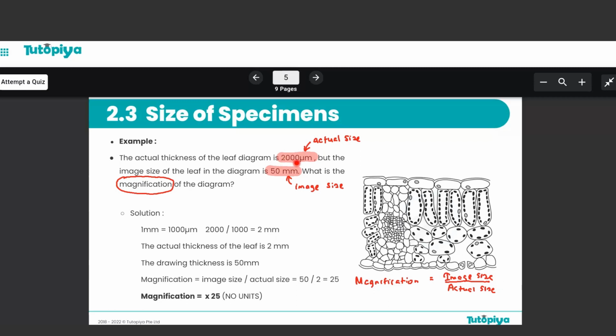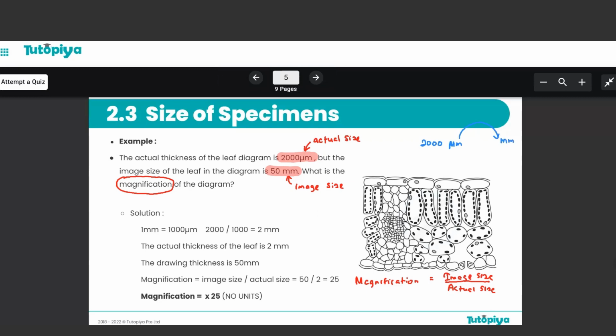Can you see that the actual size is given in micrometers, whereas the image size is given in millimeters? So that's a small problem. Actual size and image size are given in two different units, so we need to convert one of them into the other's units. Let's convert 2000 micrometers into millimeters.